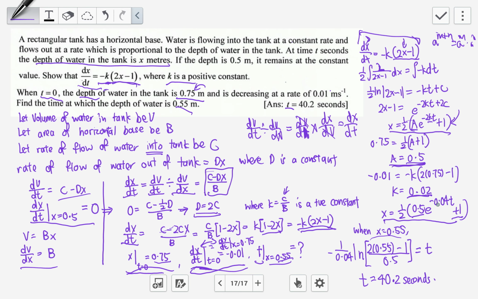Then I have minus 0.04t left. To get t, I divide by minus 0.04. So then I get my t, and to compute this value, we just input it into the calculator, and we get 40.2 seconds. That is exactly the answer given. So we are done for this question.